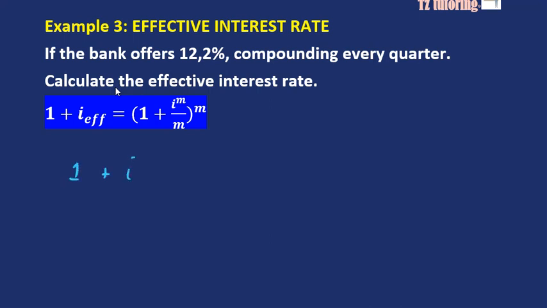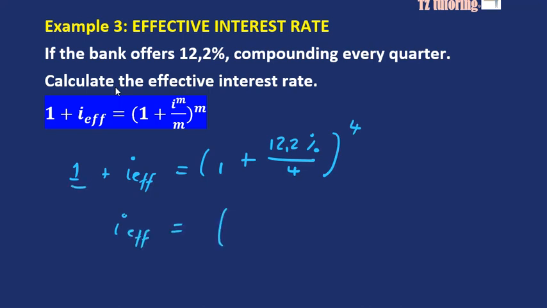We're trying to determine i effective, the effective interest rate. 1 plus, we're told that it's compounding at 12.2% quarterly, and remember quarterly would be 4 times a year. And of course that's 4. All right, and to solve for i effective, the effective interest rate, we will take this minus 1.